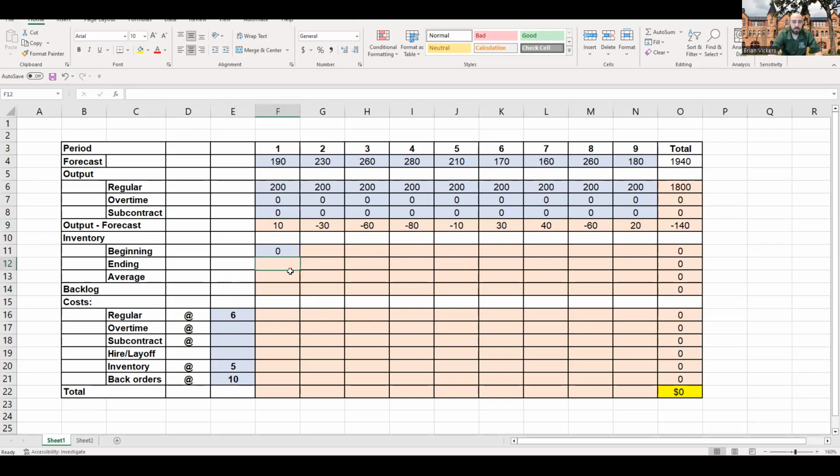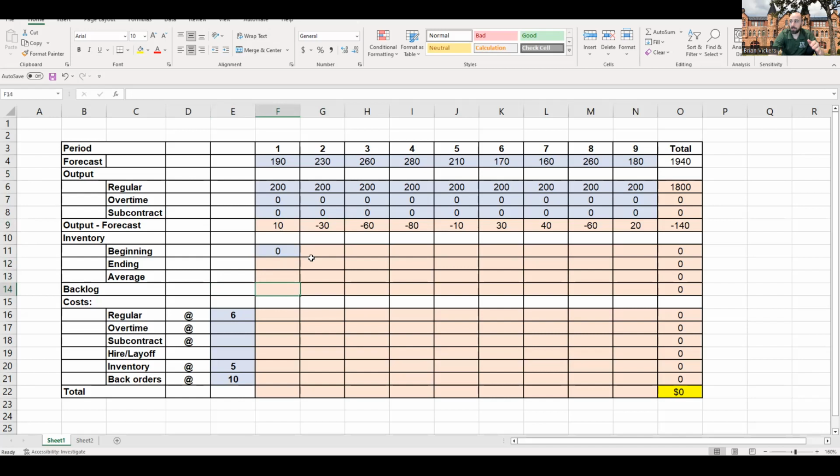What I mean by that is anytime my ending inventory would be negative, I do not want it to show a negative number. I only want to show positive numbers. So if this number minus this number is a positive number, and 10 minus 0 is a positive number, it's going to show 10. However, in this cell right here, negative 30 minus my backlog of 0 is a negative number.